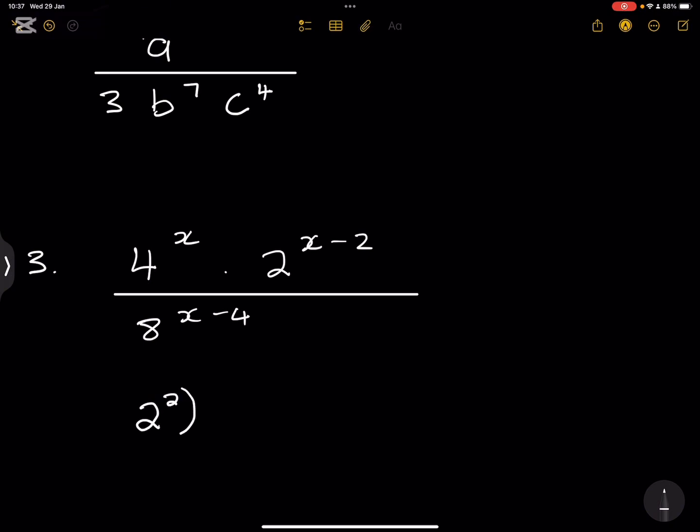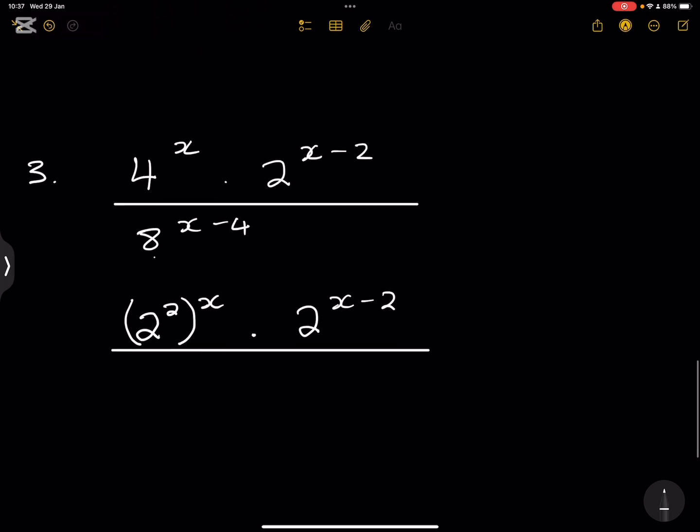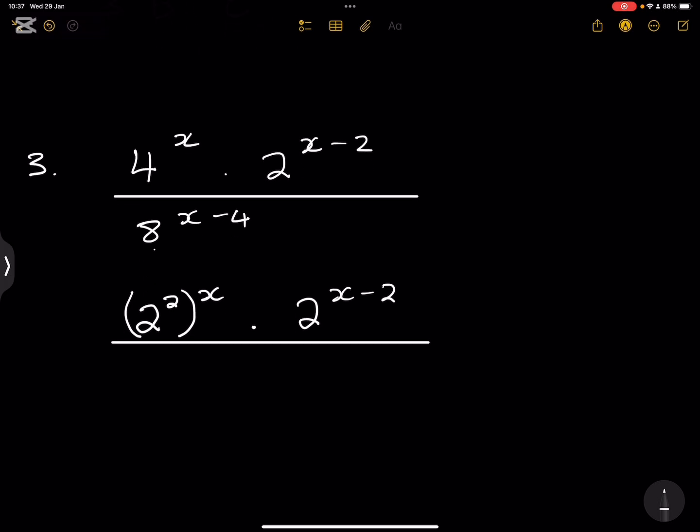So now this is 2 squared raised to the exponent x multiplied by 2 to the x minus 2 divided by, now let's write down again 8. Can we change 8 into prime factors? Well, what are the factors of 8? That would be 1, 2, 4, and 8. Which one is a prime number?